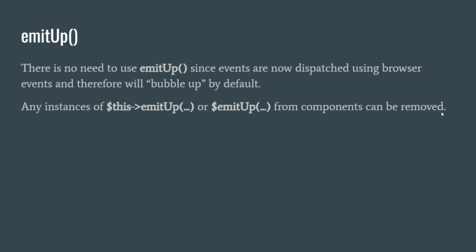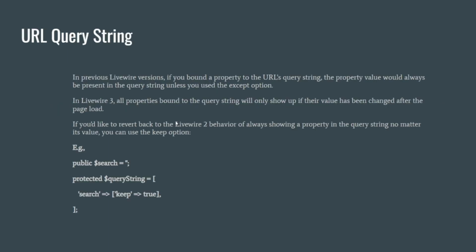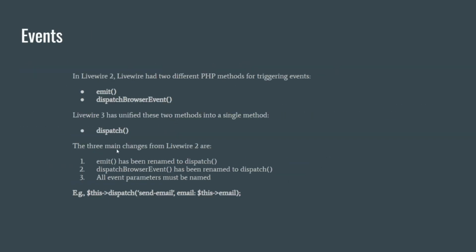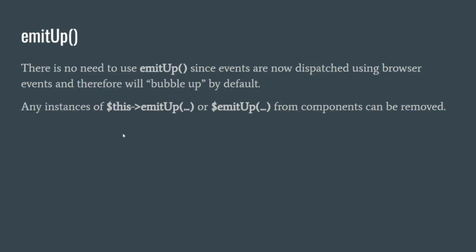It has been removed completely. Now in order to achieve this same functionality, what do we need to do? We need to use this dispatch method. Since emit has been removed and dispatchBrowserEvent has been removed, we'll be using dispatch for achieving these functionalities.